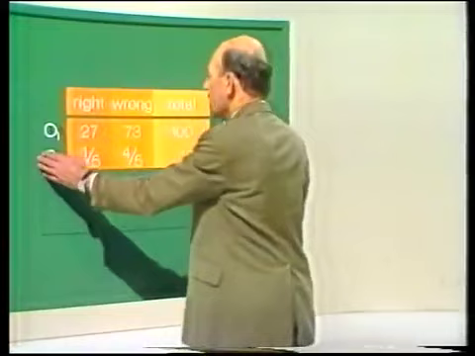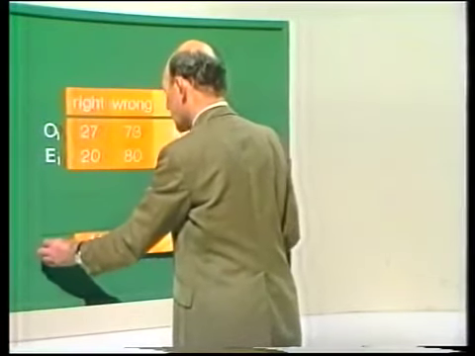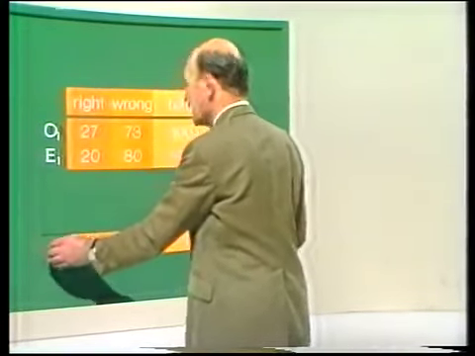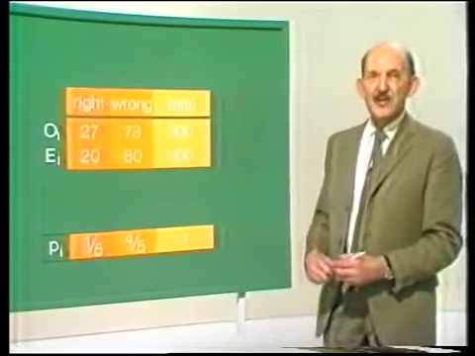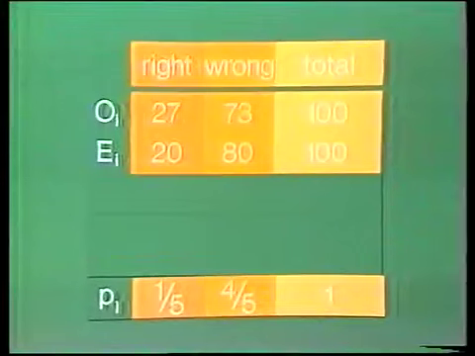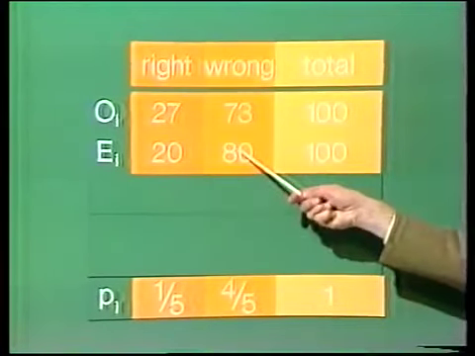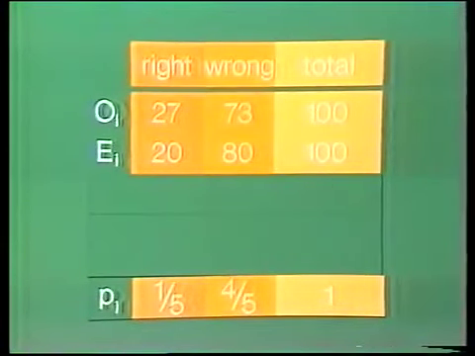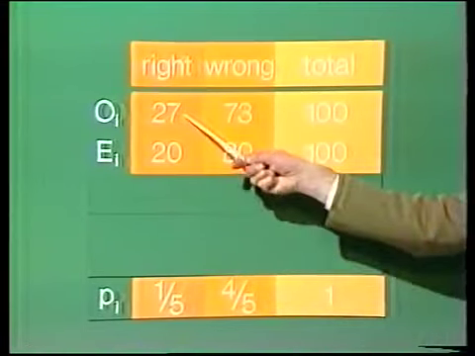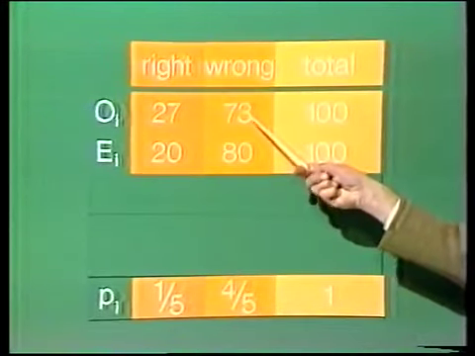Once again, it's a question of goodness of fit. Could the expected values of 20 and 80 be a reasonable fit to the observed values 27 and 73?